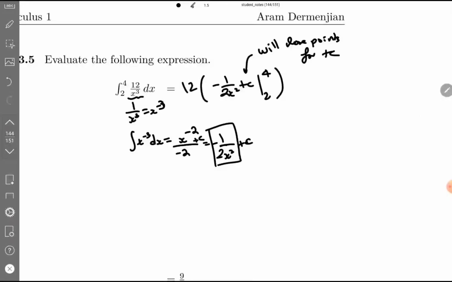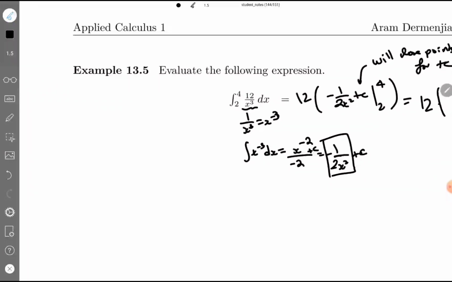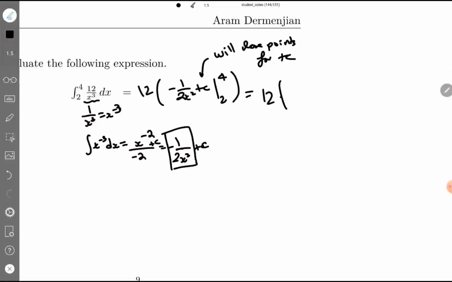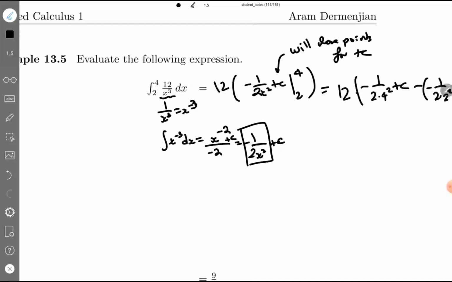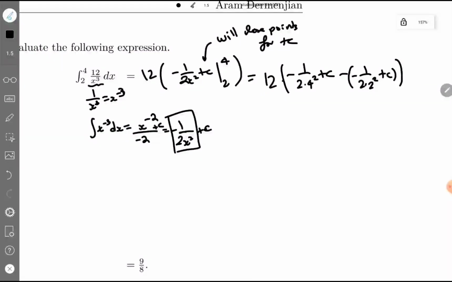But for now, I'm putting this in to show you why we don't need it. So what is this equal to? This is 12 times minus 1 over 2 times 4 squared plus c, minus 1 over 2 times 2 squared plus c. So this is equal to 12 times minus 1 over 4 times 4 is 16, times 2 is 32, plus c.